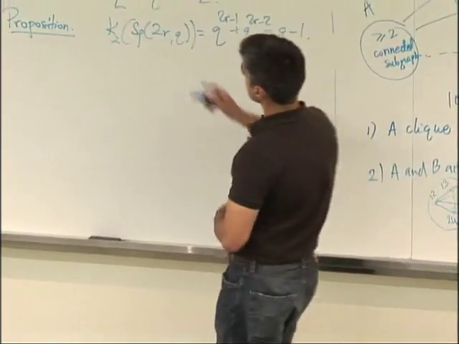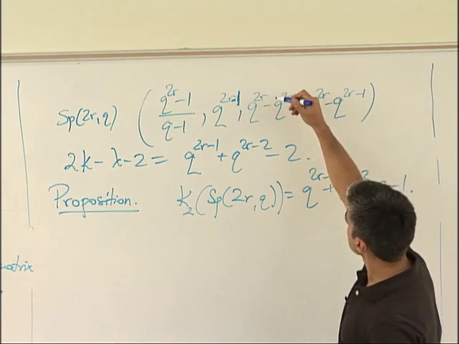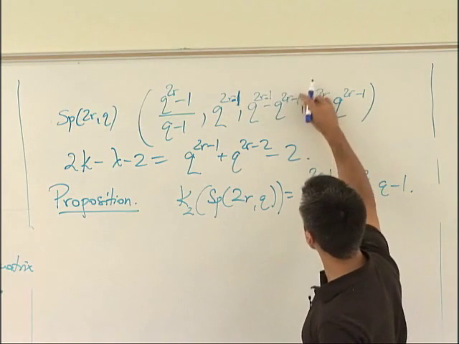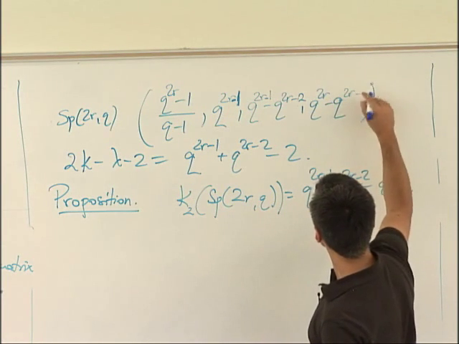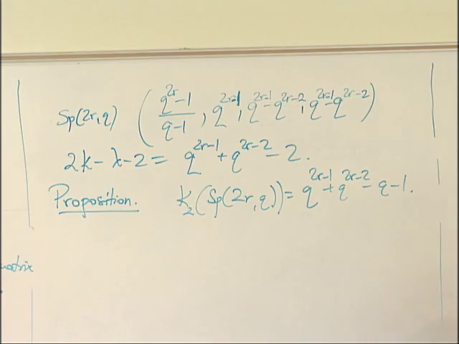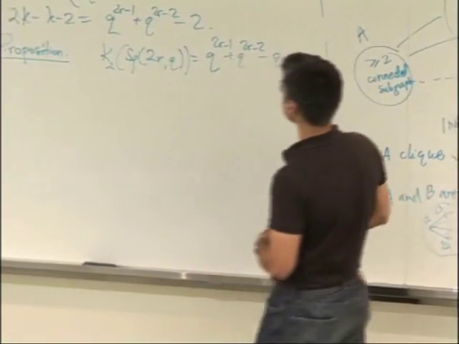And so when you plug these numbers in, let me see, did I mess up another one? Yeah, 2R minus 1, 2R minus 2. Sorry about this. Also, K, lambda and mu have to be smaller than K. Yeah, those are the exponents.